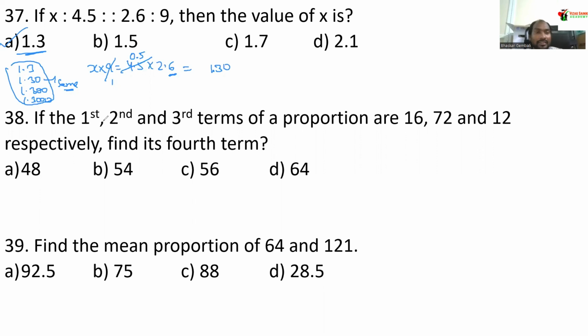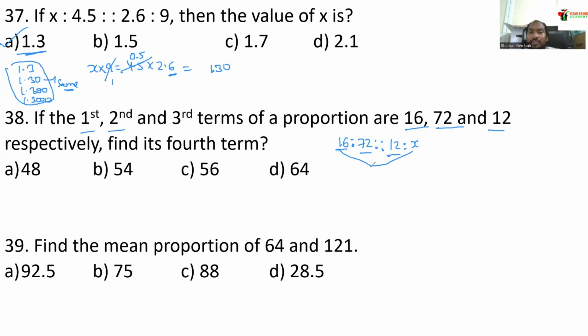Okay, next, if the first, second and third terms of a proportion are 16, 72 and 12 respectively, find its fourth term. What do you mean to do? 16 is to 72 as 12 is to x. Like that. So this is the first quantity, second quantity, third quantity. We want to find out the fourth one.